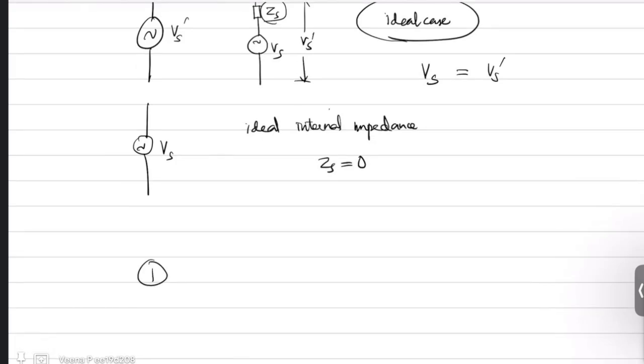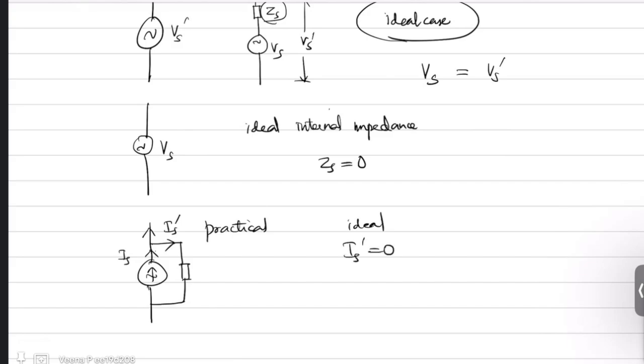If you take a current source, the practical current source has an internal impedance which is connected in parallel to the source. So if Is is the real current produced by the source, some part will go to the internal impedance and what we get outside is Is dash. This is a practical case. But for the ideal case, your Is dash is 0, and this occurs only when your Zs tends to infinity.